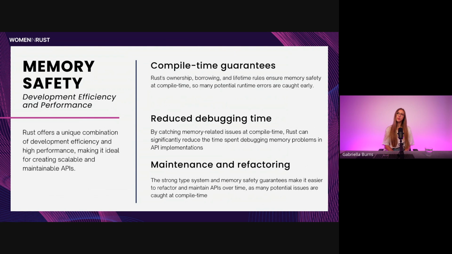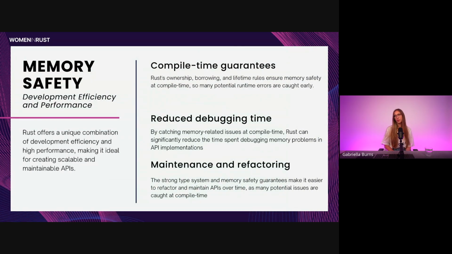Now let's look at memory safety from the perspective of development efficiency and performance. Rust offers a unique combination of development efficiency and high performance, and that makes it ideal for creating scalable and maintainable APIs. So it has compile time guarantees.